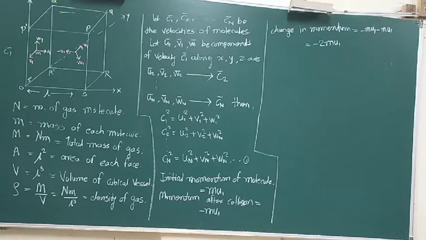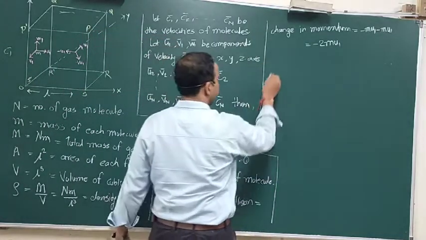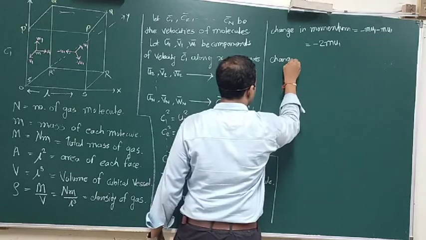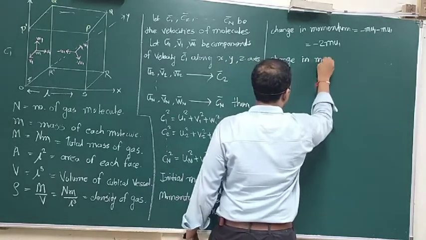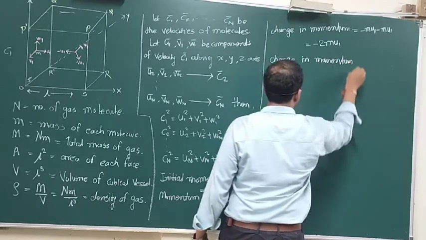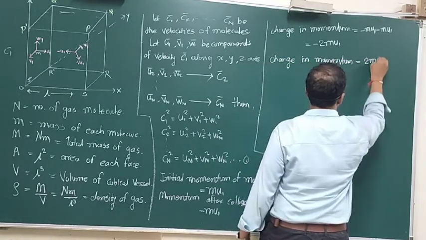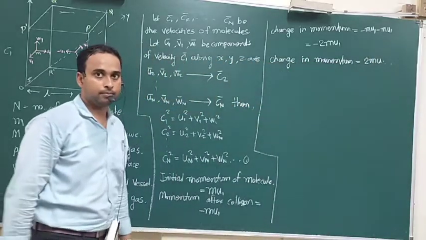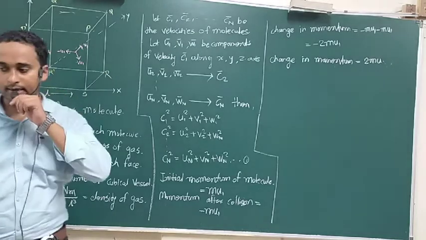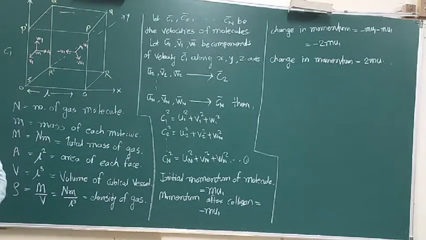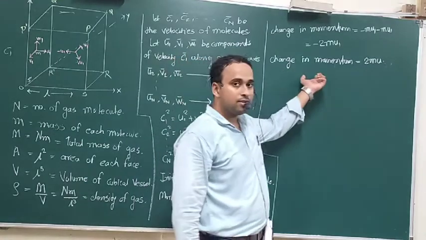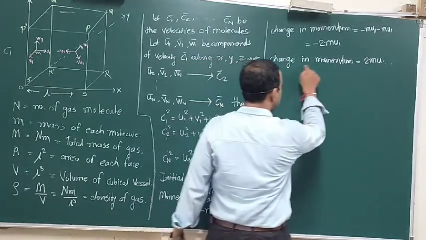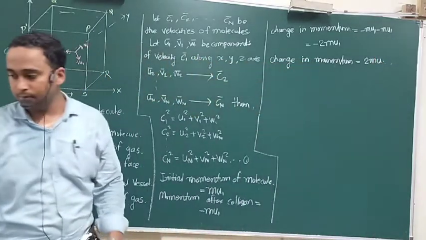Since momentum is conserved, the change in momentum of the wall is equal to 2 mu, because the negative sign only indicates the loss of momentum of the molecule during collision.